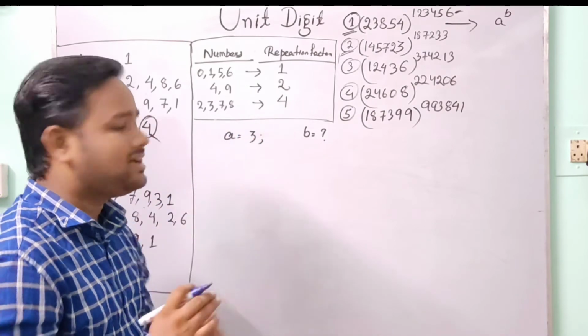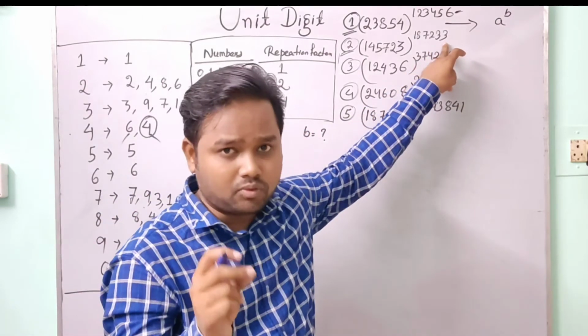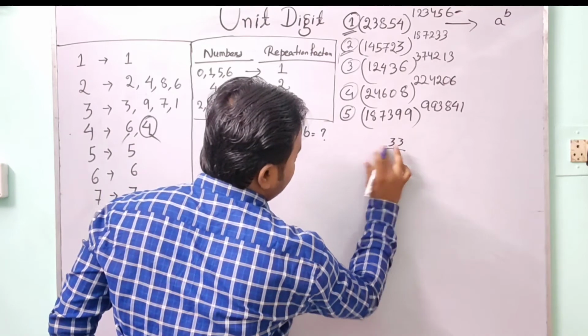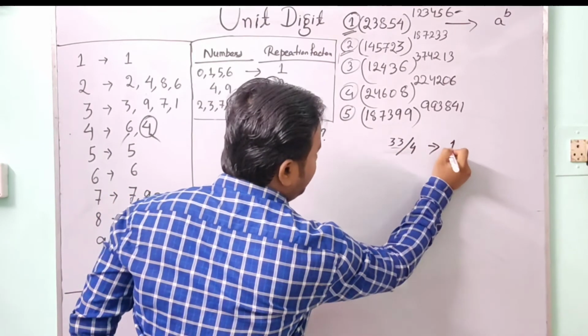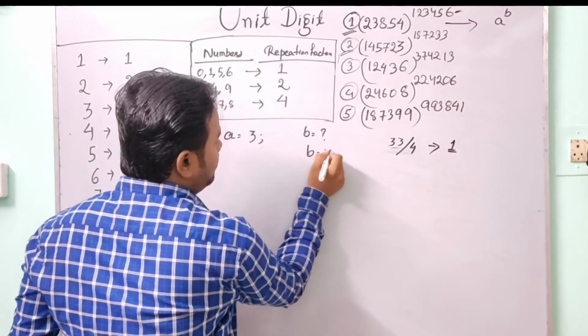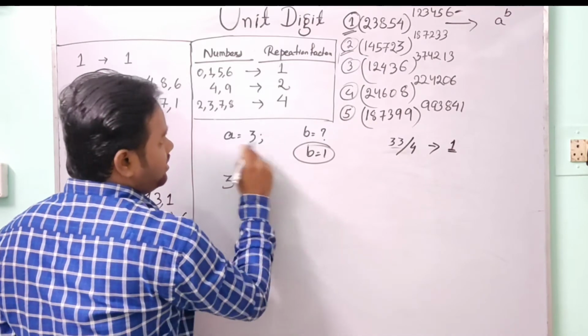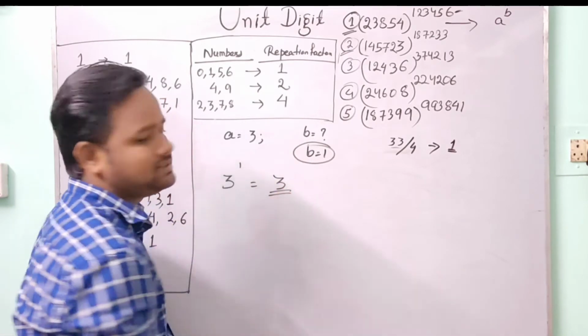So first we divide the last 2 digits of the power by 4. 33 divided by 4, the remainder is 1. So b will be 1. So 3 power 1 is equal to 3. So the answer is 3.